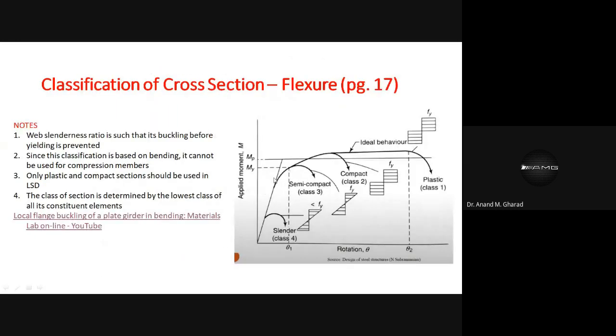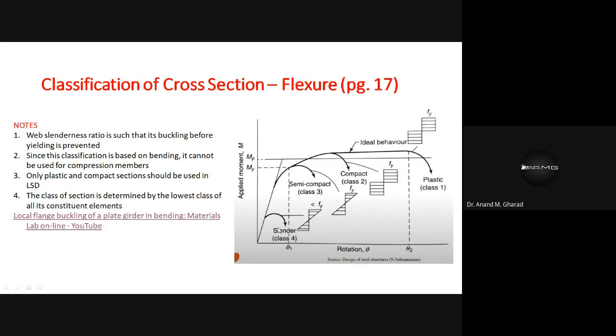So compact sections are those where you can expect some amount of local buckling phenomena to have taken place. Similarly, in case of semi-compact section, what has happened? It has reached up to its yield stress value, but it is unable to reach into the plastic zone. Why? Because of the presence of local buckling.